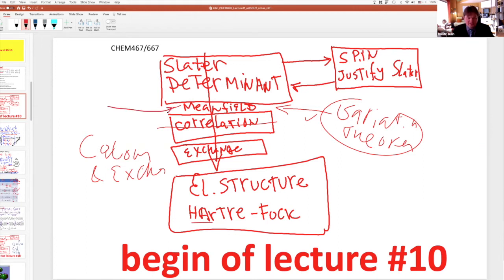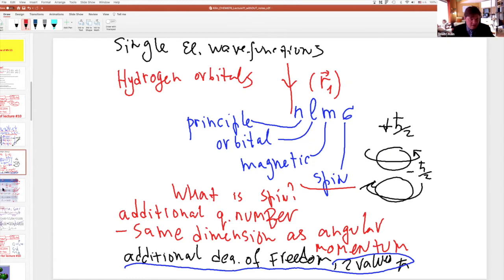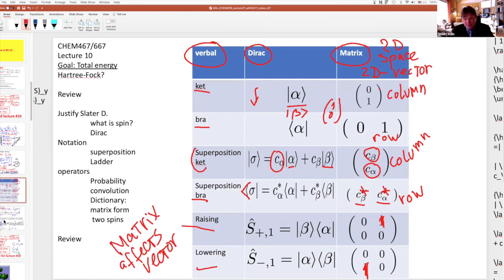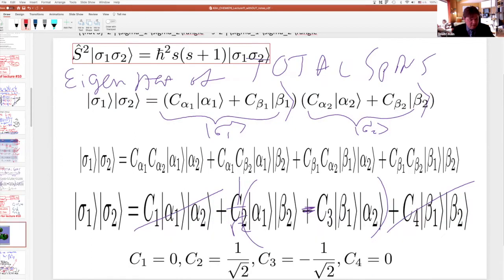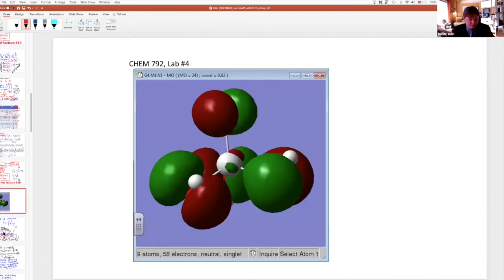So this word that I called signature, the good word for it is mean field, because all but one electron create an average, mean electrostatic field that affects our preferred electron. We also covered Slater determinants, quantum numbers for single electrons, Dirac notation and spin, and later on we were playing with orbitals.